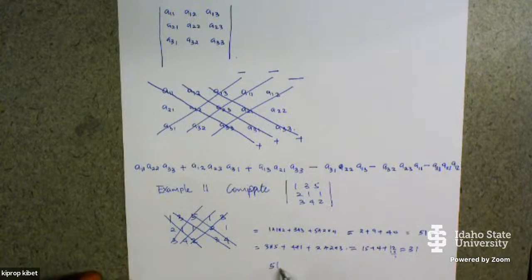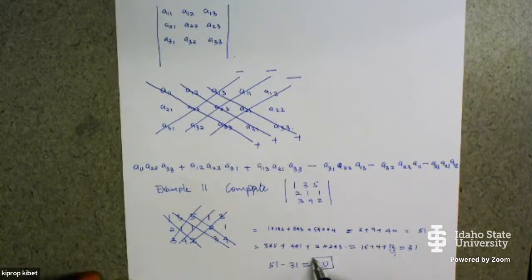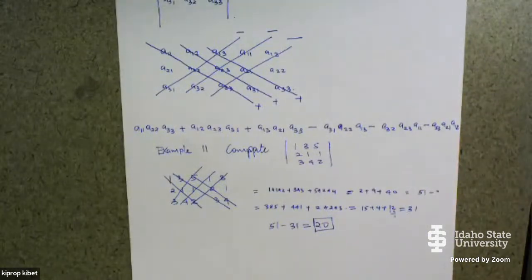So 51 minus 31 gives us 20, which we have always been getting. Easy.